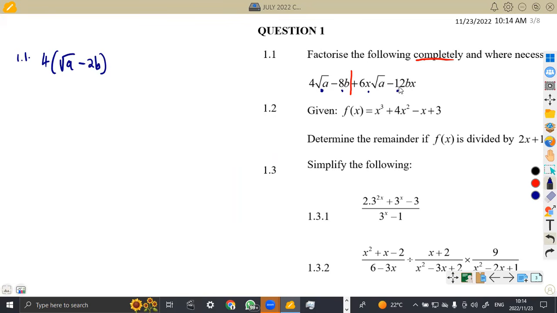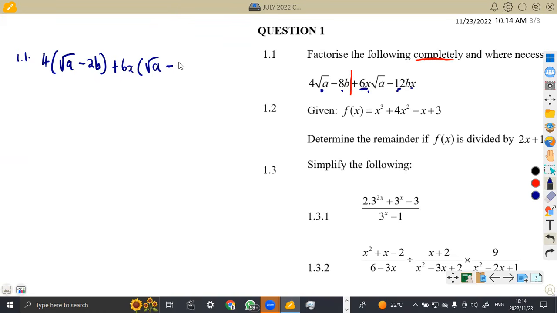Then from this part, we have 6, which is common, 6x. Here we can factor out positive 6x. So let's factor out 6x and see what we are going to have. Factoring out 6x, we remain with the square root of a minus, 12 divided by 6, which is 2. x and x cancel.